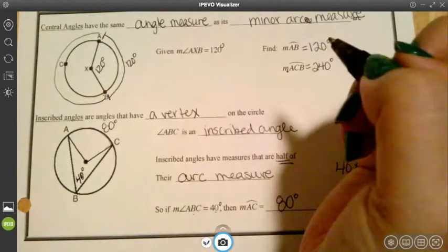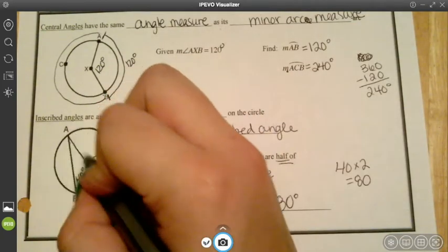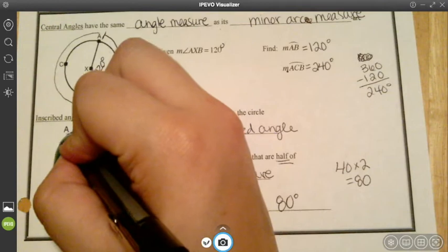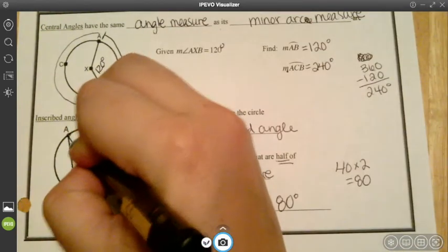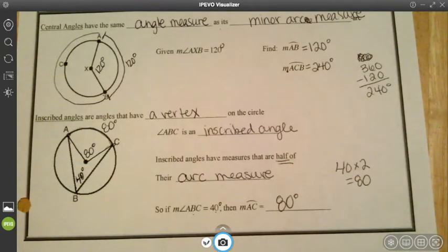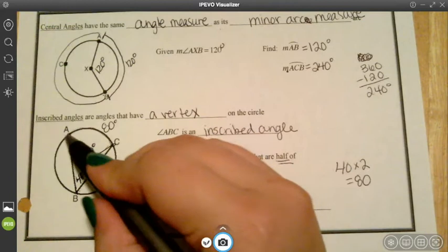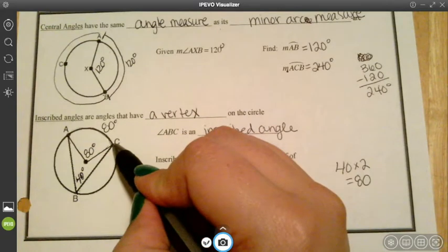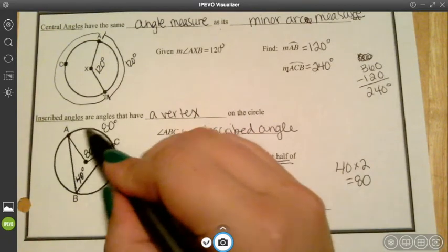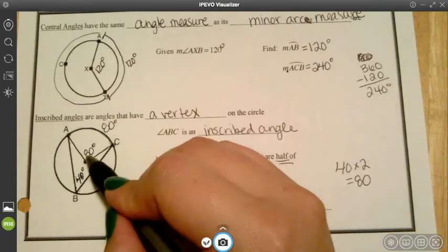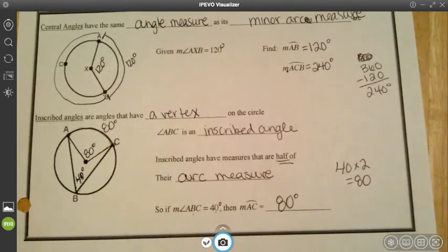That means that the central angle with the same endpoints on the circle is also double the angle measurement of the inscribed angle. So ABC is half of the central angle, which means that ABC is also half of the arc length, because the central angle equals the arc length.